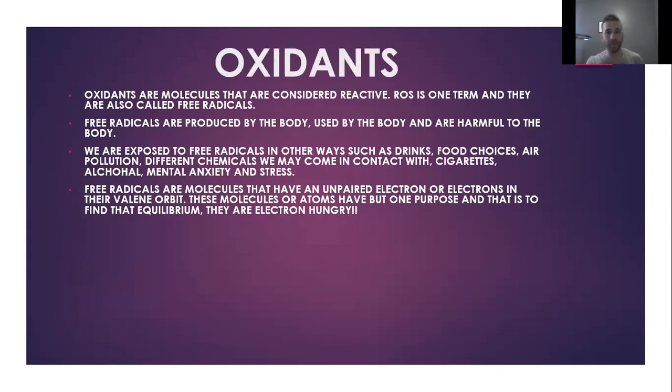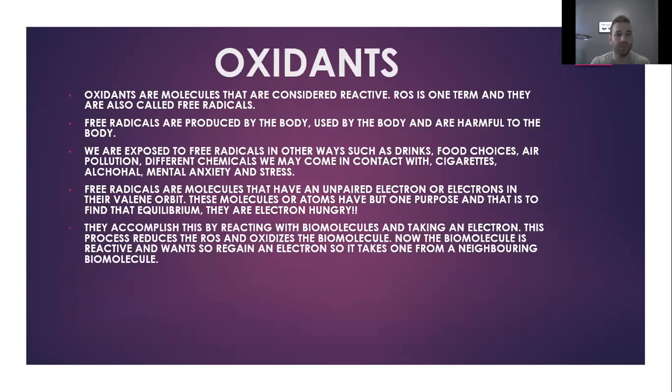Okay? It just means that unpaired electron in the outer orbit, and that's why it's reactive. They accomplish this by reacting with biomolecules and taking an electron. This process reduces the ROS and oxidizes the biomolecule. Okay, so that's that redox reaction that we talked about in the ORP module.